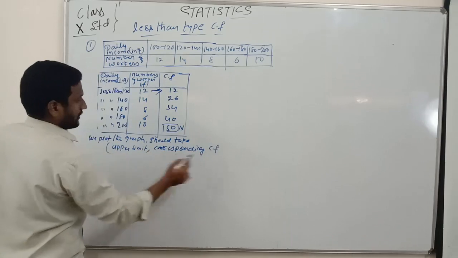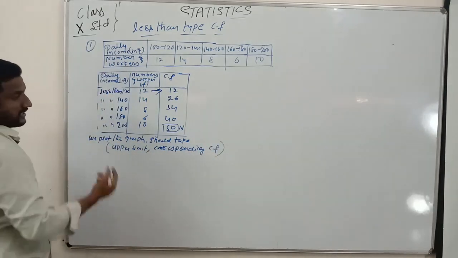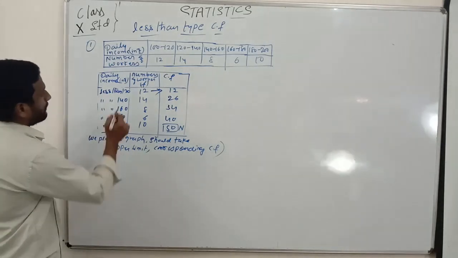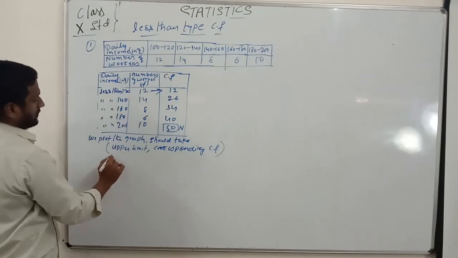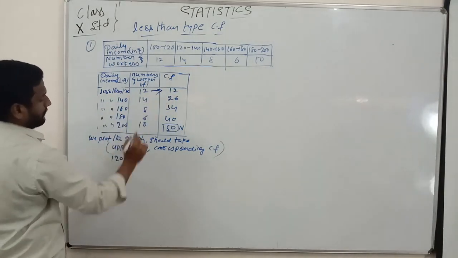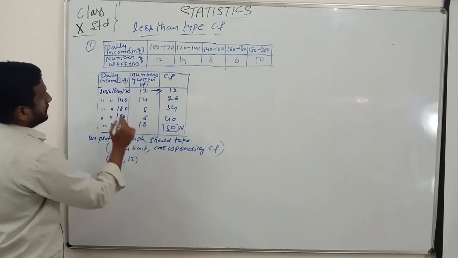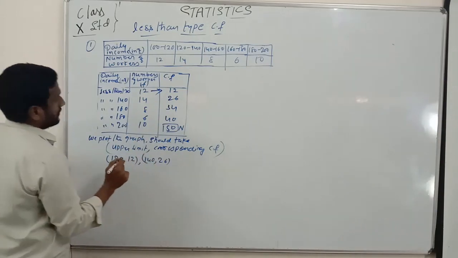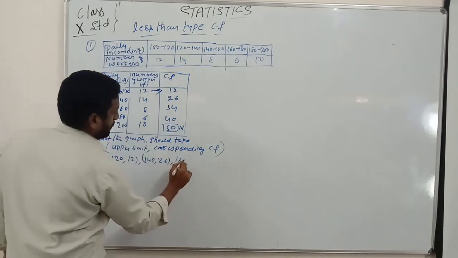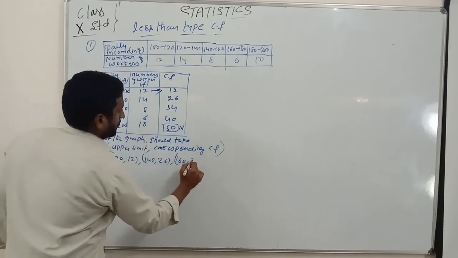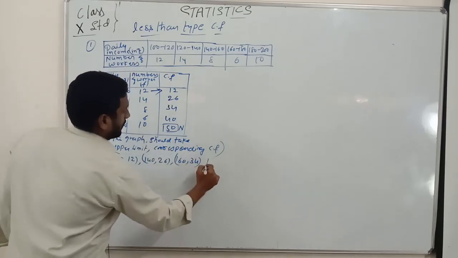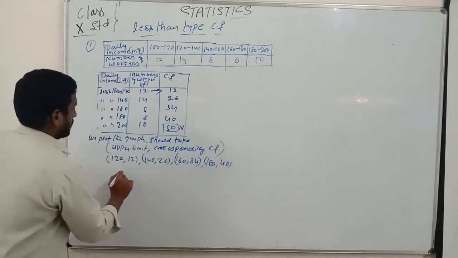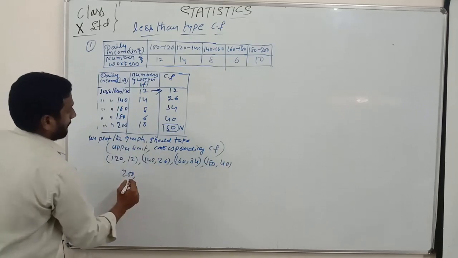You should write it in brackets. So the upper limit: 120 comma CF 12. Again 140 comma 26. Again 160 comma 34. Again 180 comma 40. Again 200 comma 50.